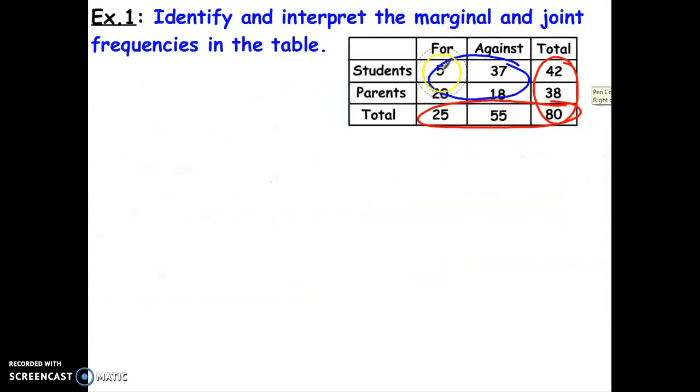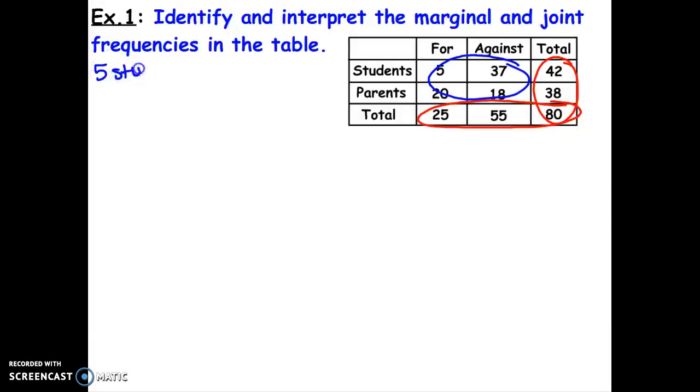All right, so looking at this 5 and 37. This is telling us that 5 students wanted the machine removed and 37 were against the removal of the machine.